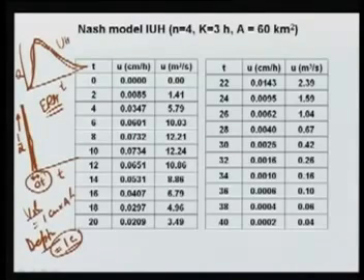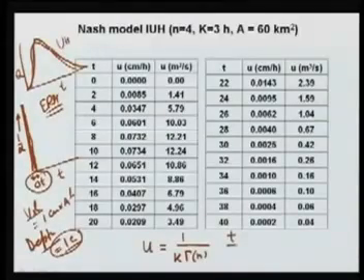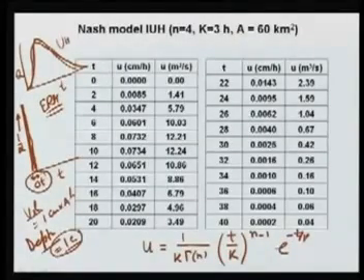The equation which is used for the Nash model comes from a linear combination in series of reservoirs. So we have a reservoir in which there is some rain, some outflow goes into a second reservoir, there is some outflow which goes into a third reservoir, and so on.